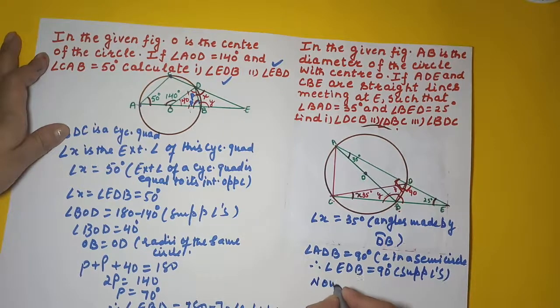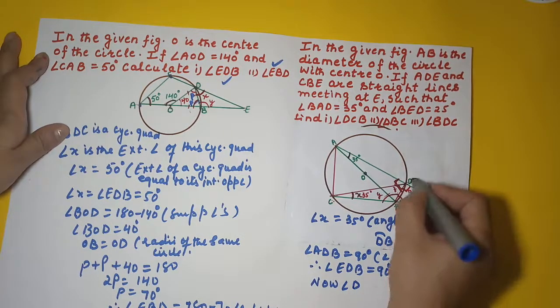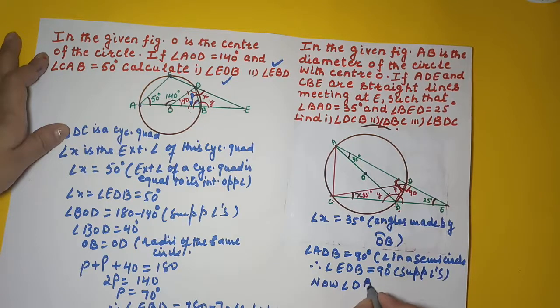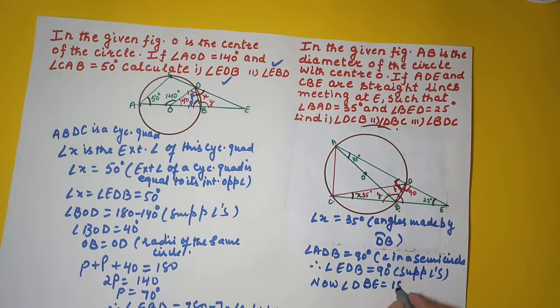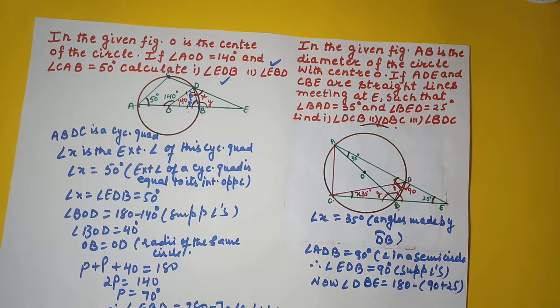Now, angle DBE will be how much? 180 minus 90 plus 25. How much is that?